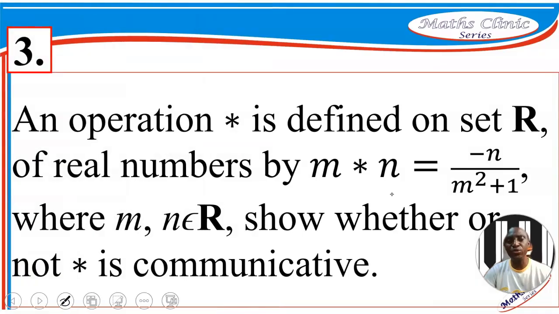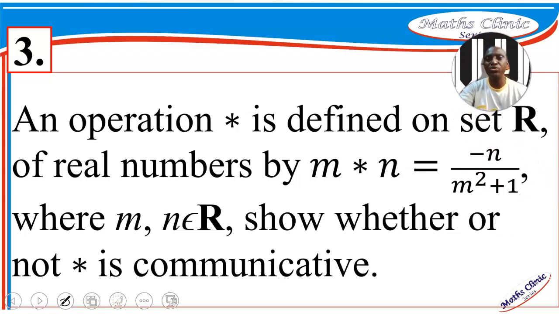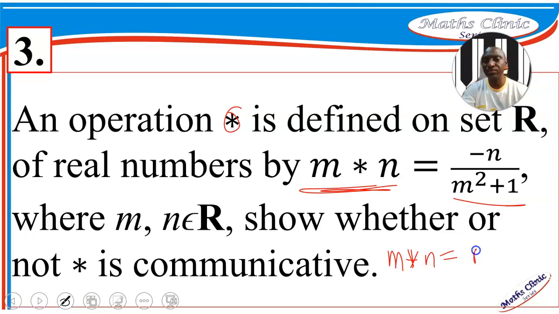Now, another question for you, which I'm not going to do, but I'll guide you to solve on your own. They said M star N is defined as negative this over that. Show whether or not the operation star here is commutative. For the operation to be commutative, they should be equal.